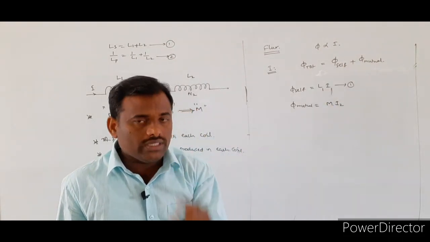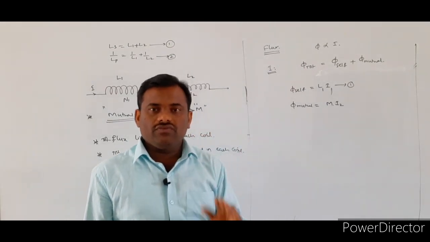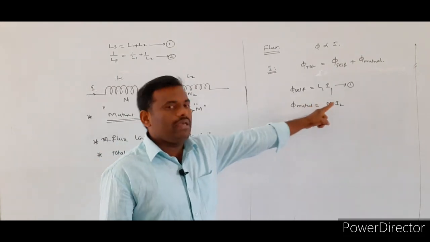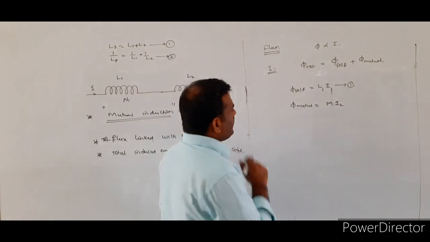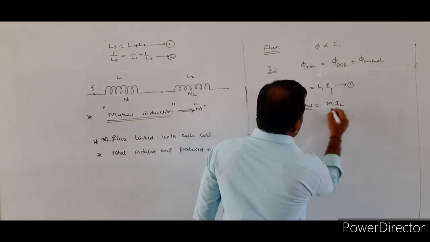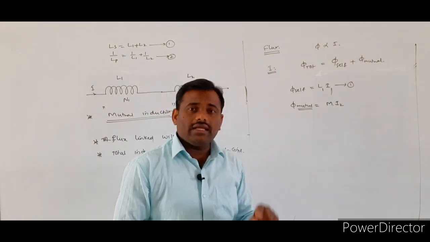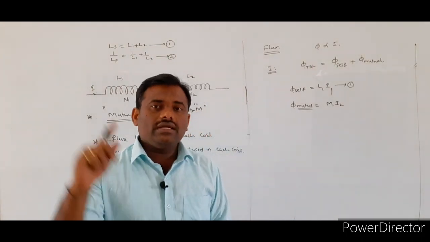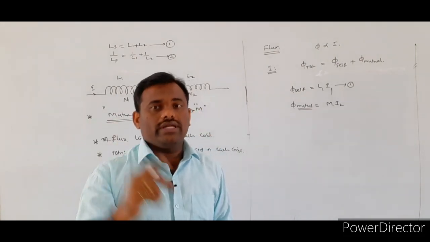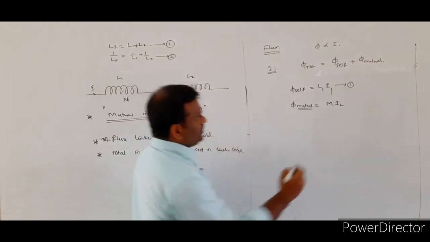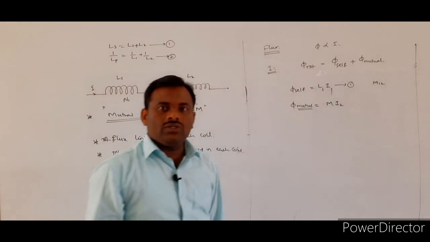That point we have to understand. In the case of mutual induction, the flux will be produced in one coil and the current will be passing through the other coil. So the flux due to mutual induction is equal to what? I write M I2. Here we are following the notation that we discussed in the case of mutual induction for coaxial solenoids. There we wrote M12. What is M12?